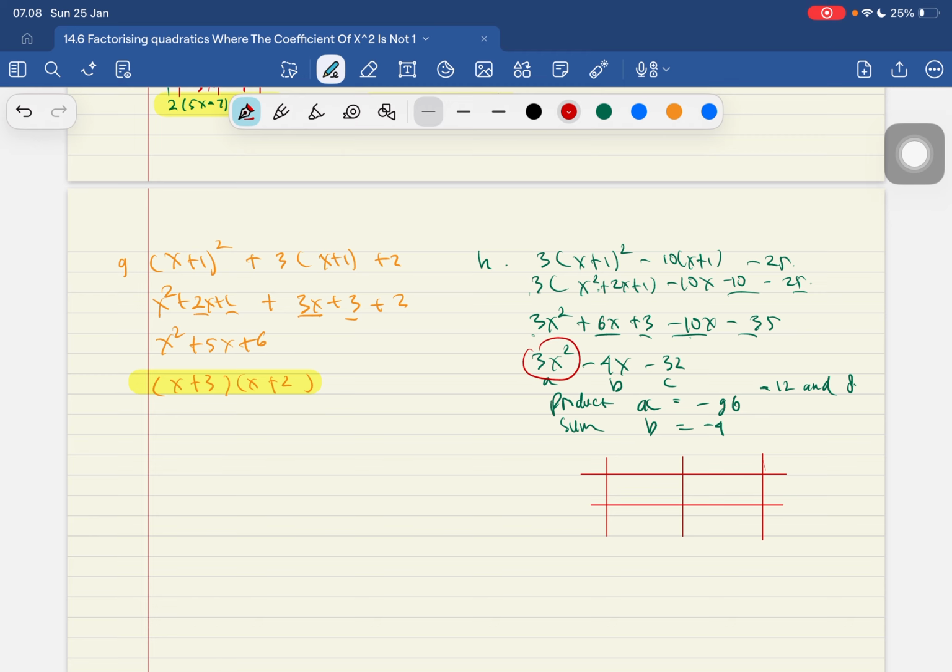Okay, we'll write it here, x squared, minus 32, and here is minus 12x and 8x. Let us find the highest common factor of each. So here it's going to be x, only here is minus 4, it's going to be 3x, 8x, and minus 32 is 8. So we got 3x plus 8, then we multiply it with x minus 4.